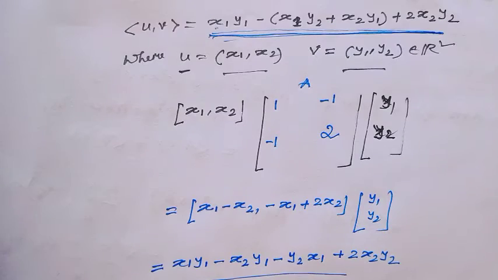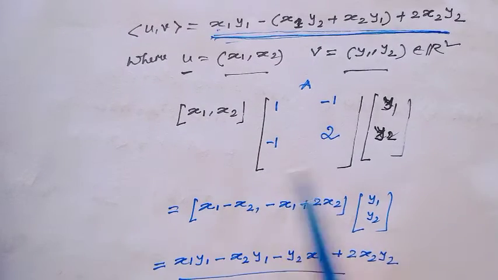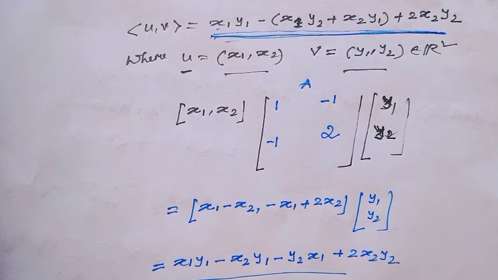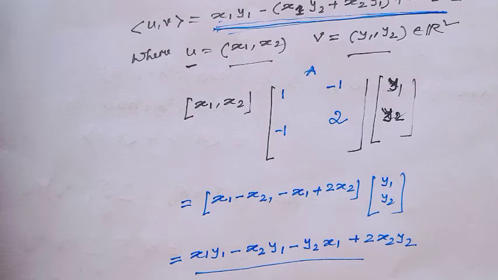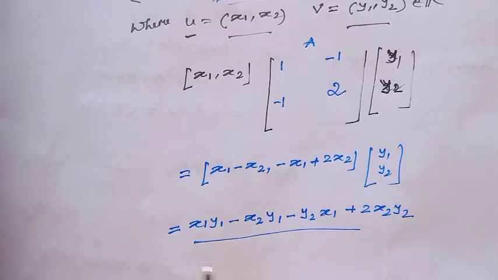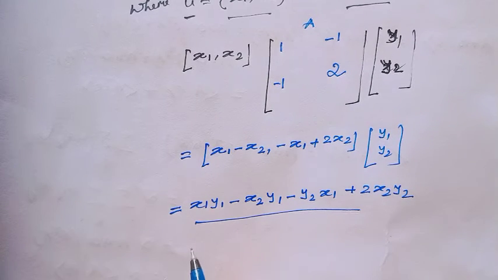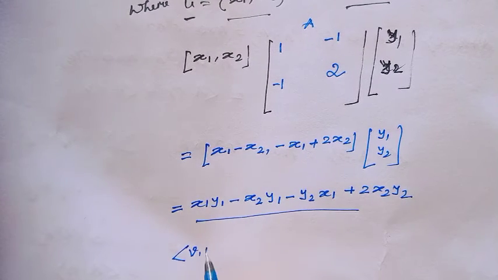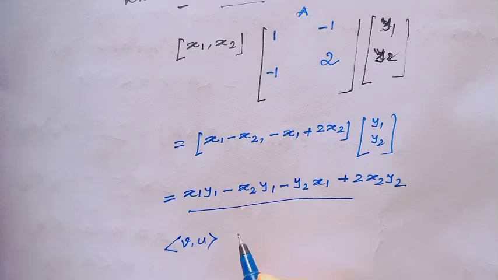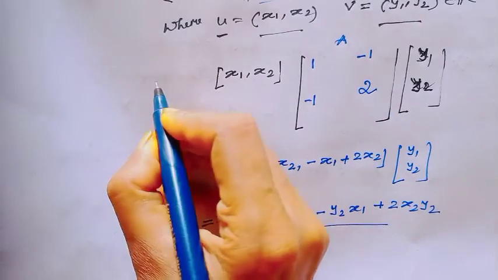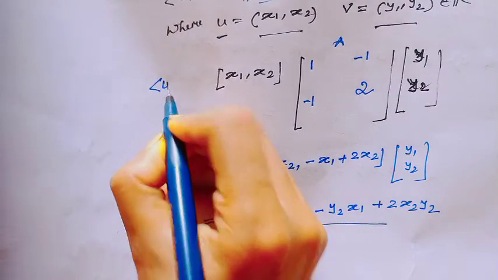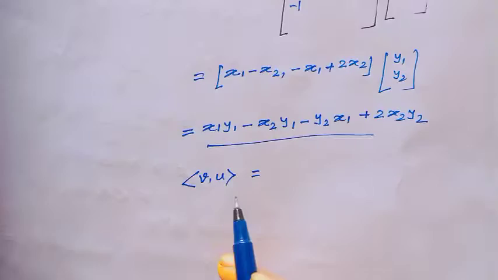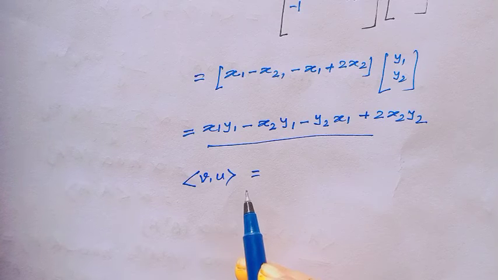Now I will check that this satisfies all conditions of inner product. It satisfies the condition of symmetry property. At first consider the vectors v, u. Inner product of u, v will satisfy the condition of symmetry.